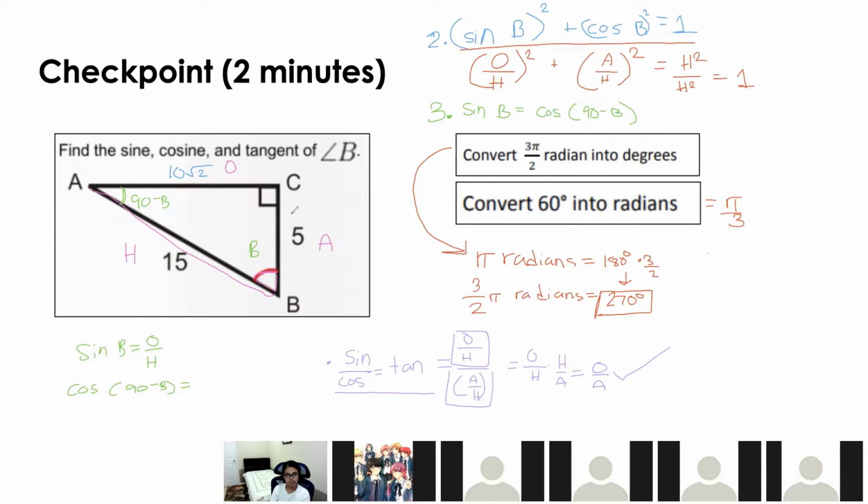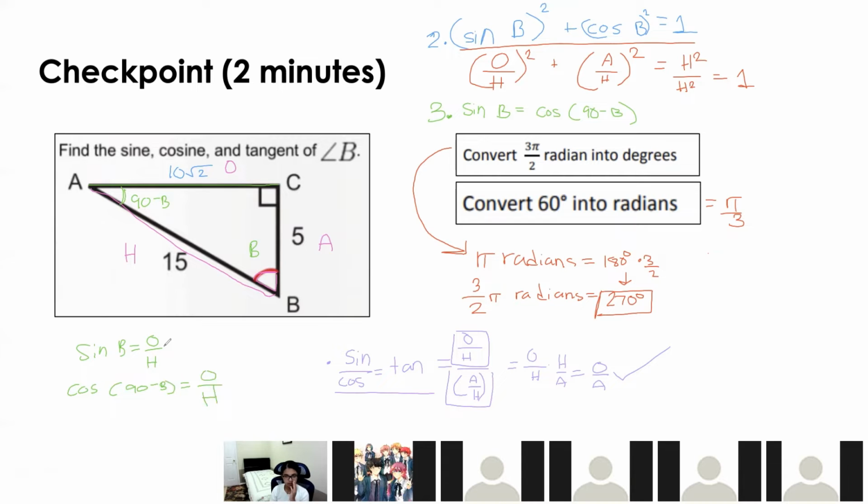It's actually not just A over H. So does anyone know why? Okay, so the cosine of 90 minus b, we need the side that's adjacent to the angle. So we actually need AC over the hypotenuse, which is also over H. So therefore, these are equal.